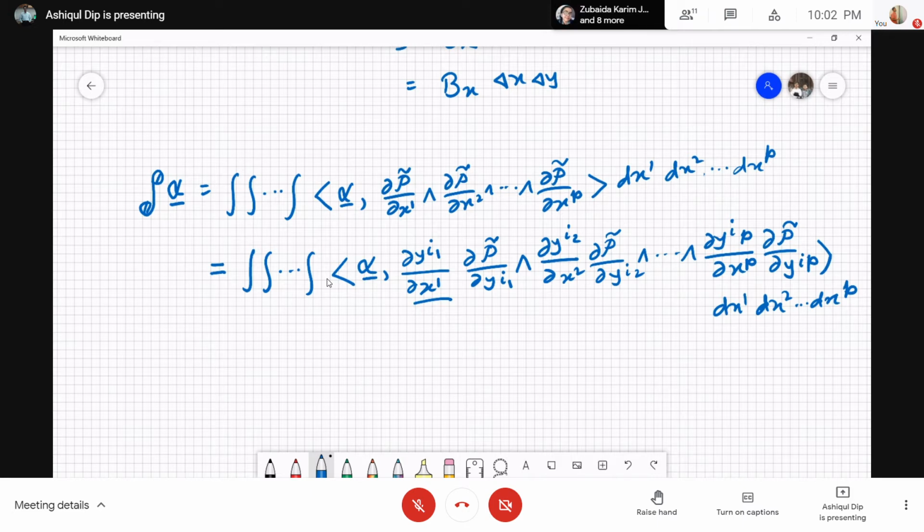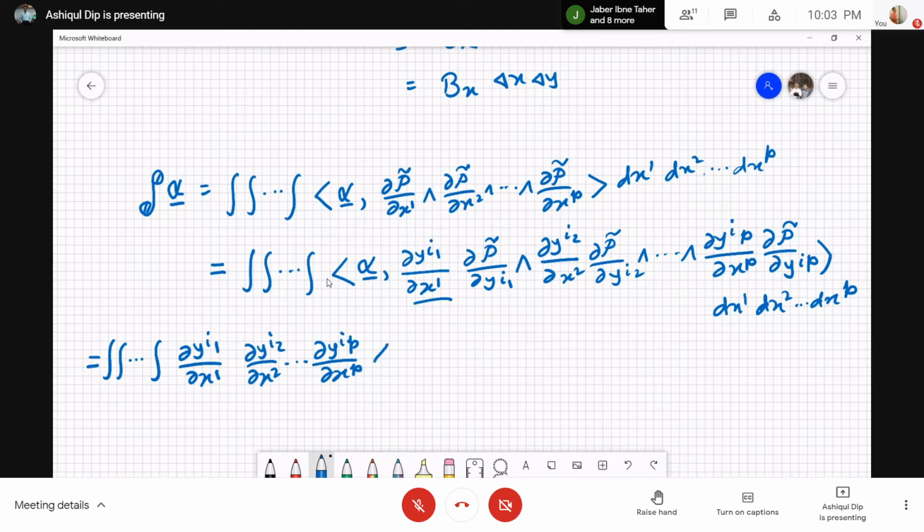So I get delta y i1 by delta x1, delta y i2 by delta x2, up to delta y ip by delta xp.